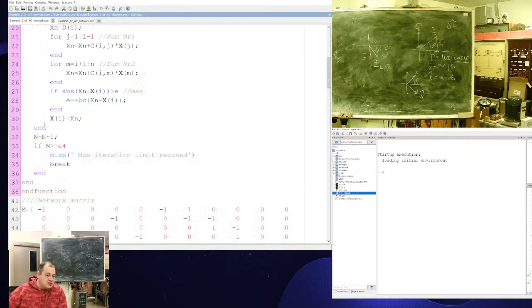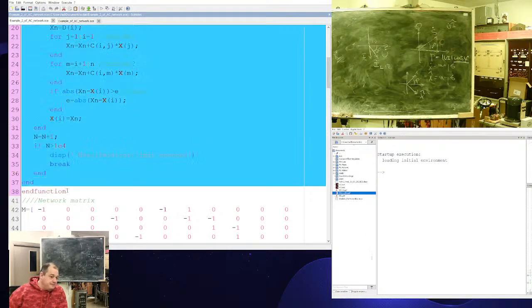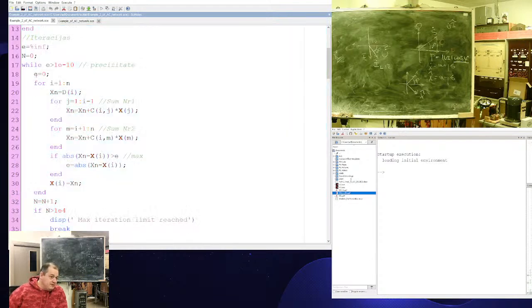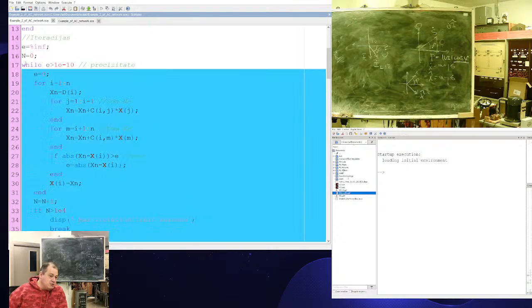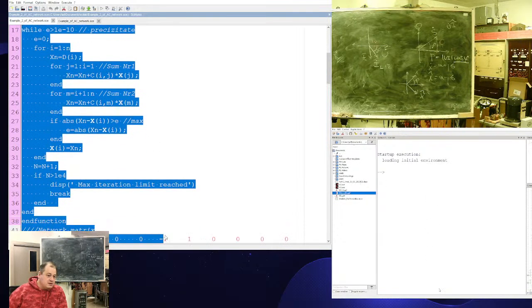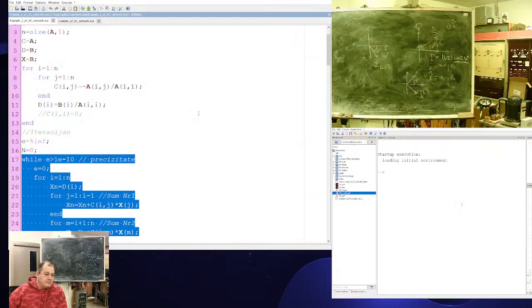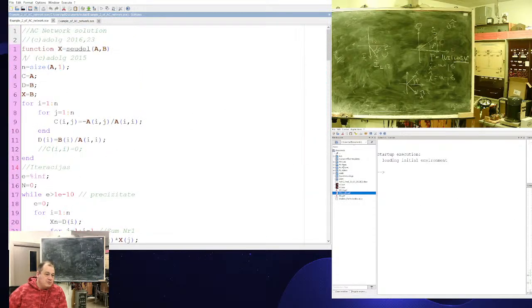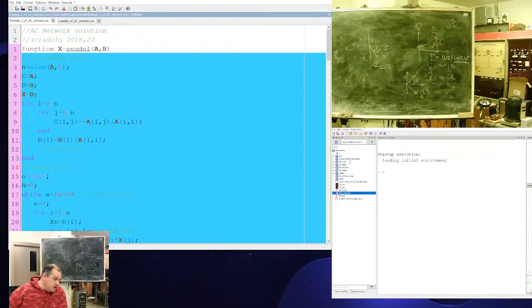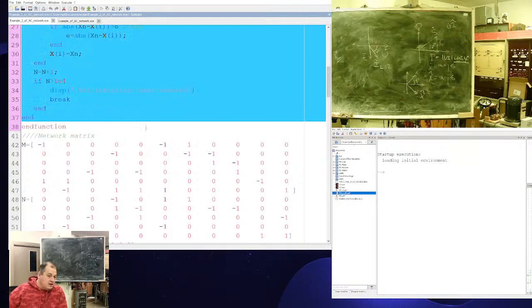It's a Zeidel solution as we saw it. This part is known. You saw it at the beginning, I put it as a Zeidel function. I will need to solve a linear equation system. Nothing special.